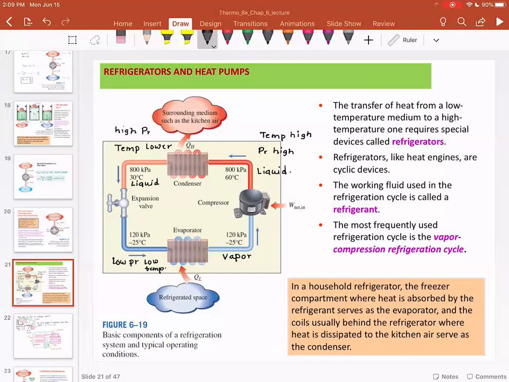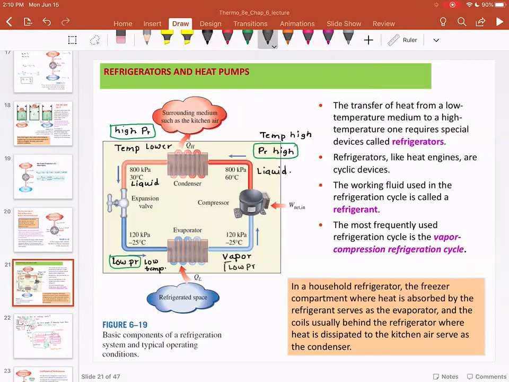One thing I want you to note, and this is very important, is that the high pressure is the same on either side of the condenser. This is the same pressure. Low pressure is the same on either side of the evaporator.